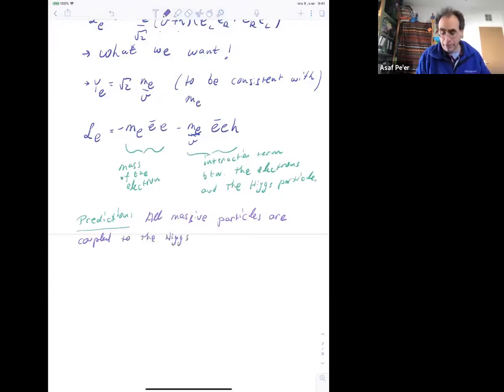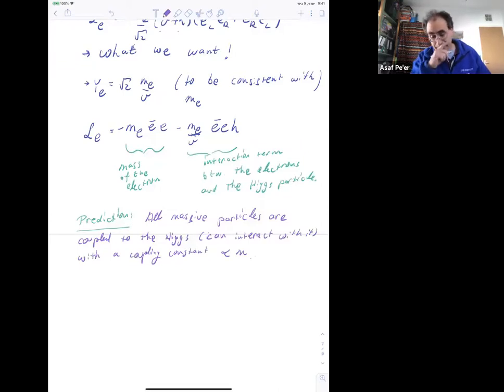Namely, they can interact with it, with a coupling constant that is proportional to the masses. Well, not exactly. It's all massive fermions, because that's what I'm showing here.